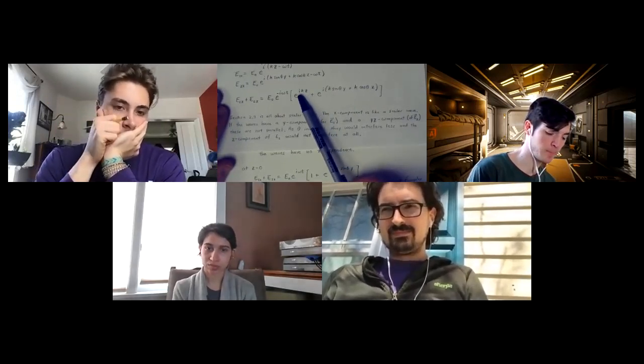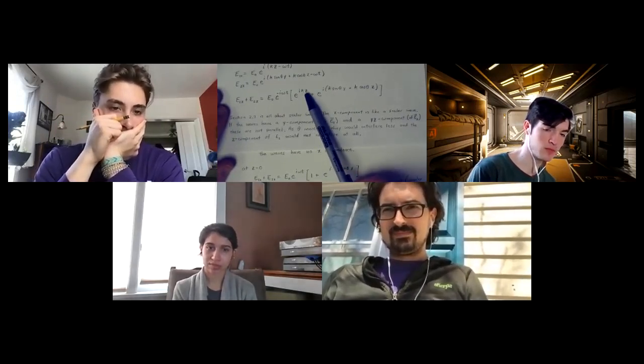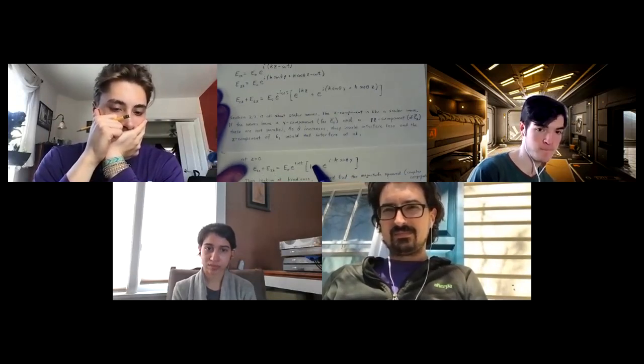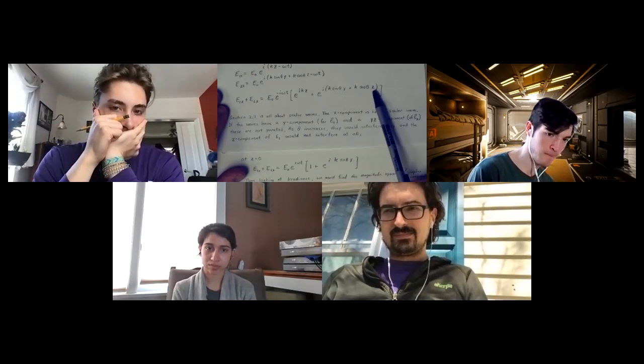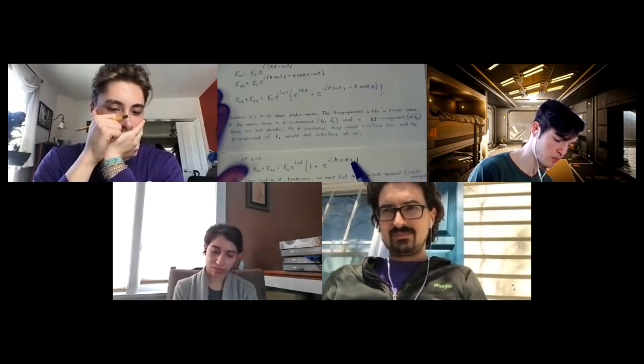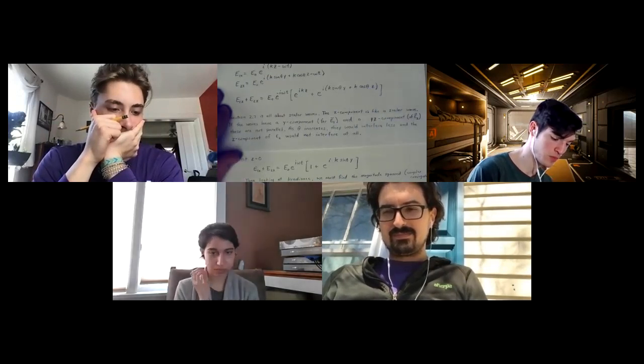So right here, e to the i kz, that's just e to the 0, becomes 1. And in this term, the second part in the exponent is gone, and we're left with only the y part. Clear enough?